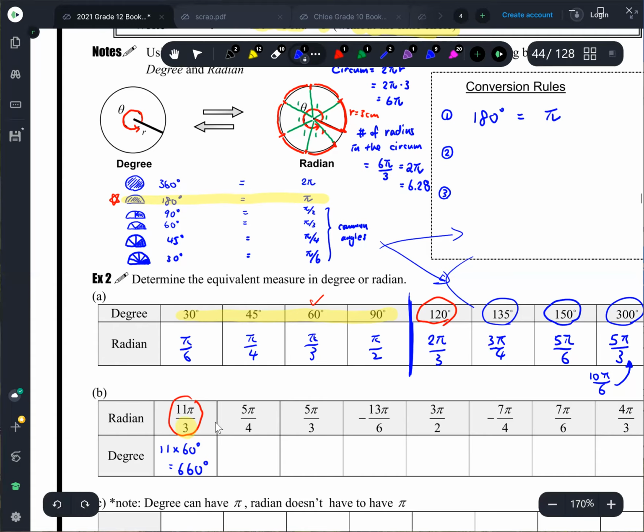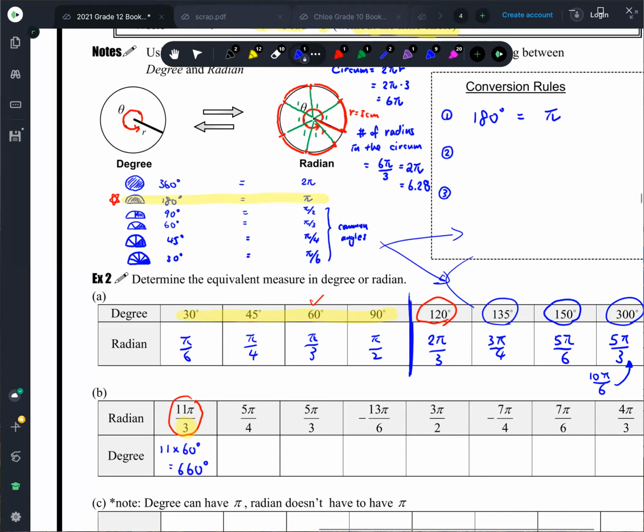Okay, can you raise your hand if you understand how this works? Okay, how to get a 660? Okay, so you look at the denominator, right? If it's a 4, has to do with 45, right? If it's a 3, it's a 60 degree. If it's a 6, it's a 30 degree.